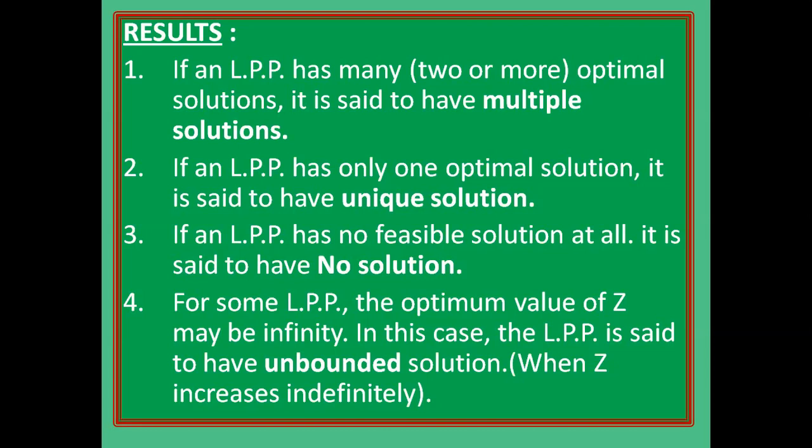If all the constraints are greater than or equal to, when we are moving away from the origin, there will not be an end at all for that feasible region, because at the lower end we already have the corner points and end points.